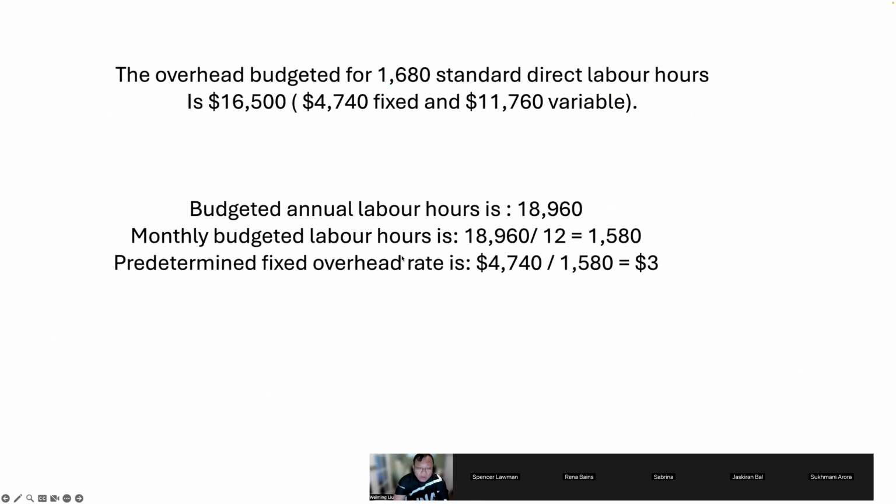I figured out the monthly budgeted labor hours should be 1,580 hours, based on capacity. And the fixed overhead cost for the month is $4,740. So I can figure out my predetermined fixed overhead rate is $3.